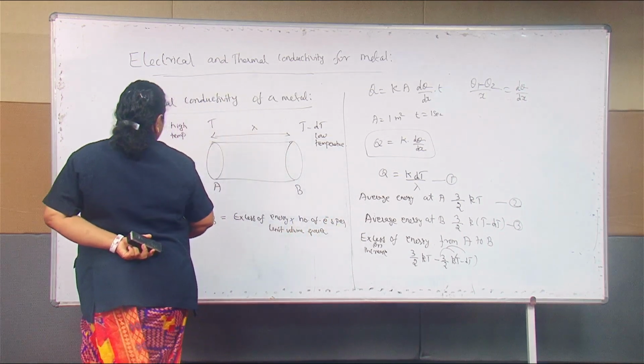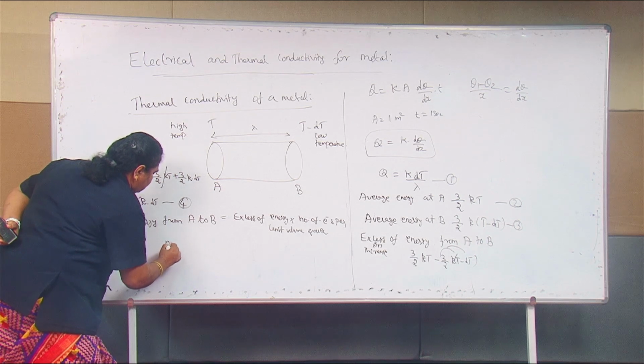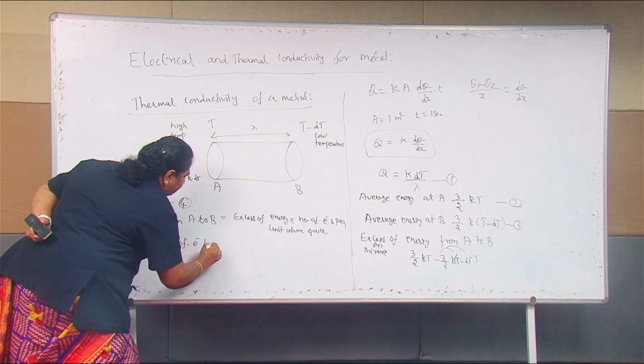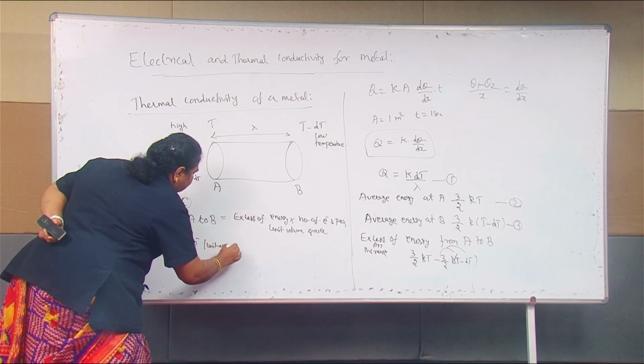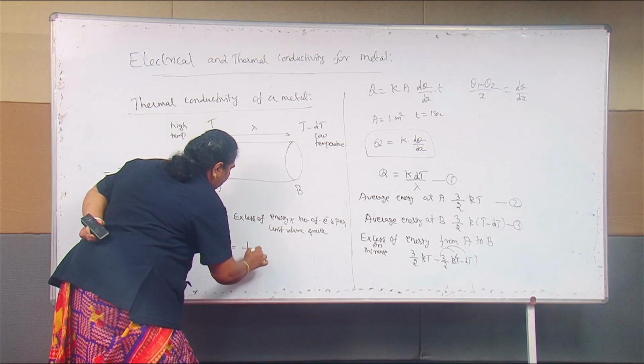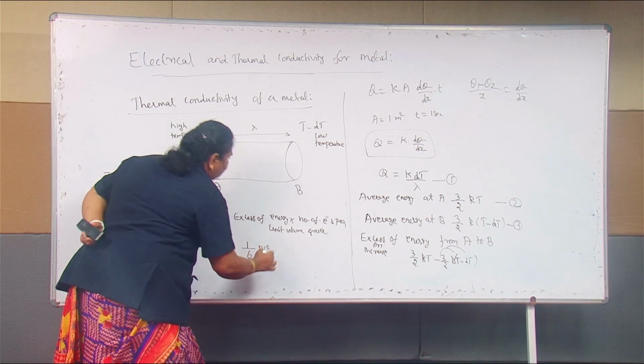So the number of electrons per unit area is equal to 1 by 6 into n into V.